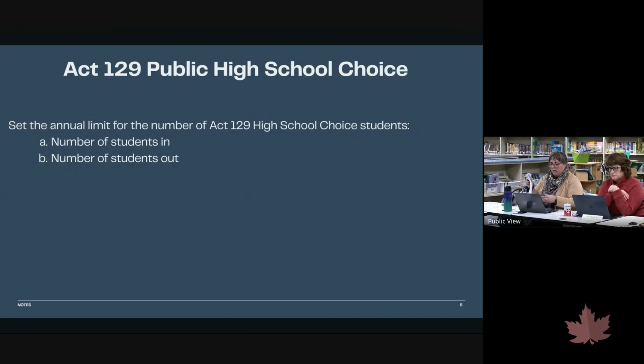I also put in the packet that last year, the limits you set was 20 students coming in and a limit of 7 students out to each school annually. You've done that for the last couple of years, it's within your parameters to set it that way. I don't know if principals have any. We dug into the data last year and we did not have a really high number of kids leaving under 129 or coming under 129. So do you have any recommendations for changes?